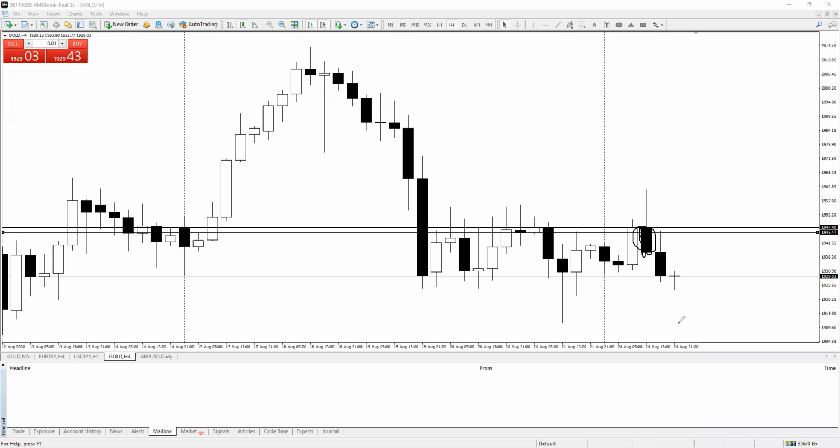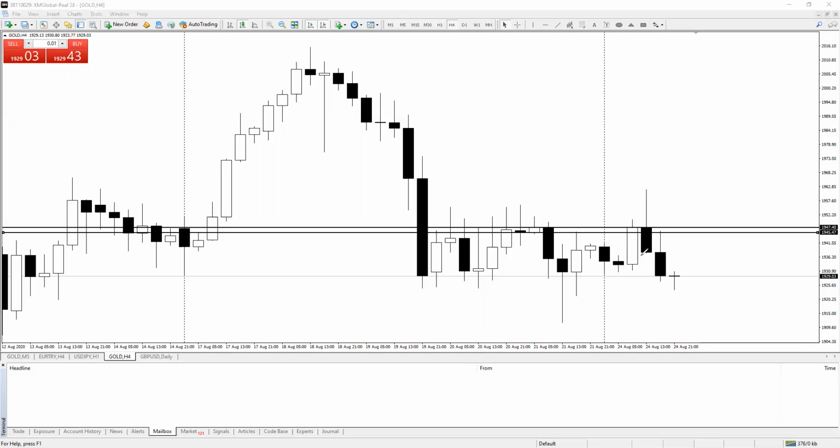This tells us that the sellers are very strong in the market. So because of that, market has to sell. And to confirm the sell, this is the last bearish candle that price makes price buy. So when price bought and sold back into it, then we have a sell. So there's nothing that can allow price to go back up.